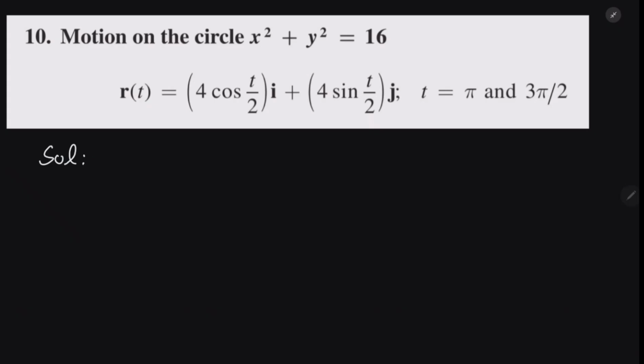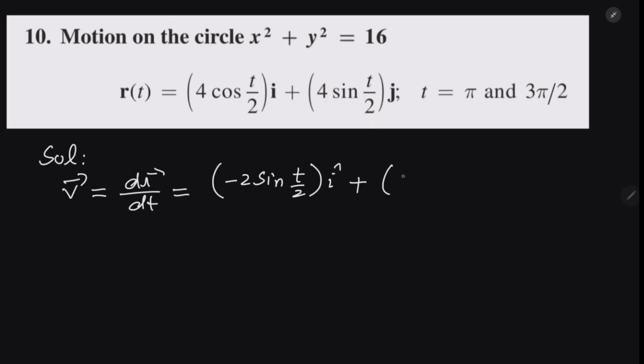It is the same question, but the orientation is different. First, we find the velocity, dr by dt, which is minus 2 sine t by 2 i plus 2 cos t by 2 j.